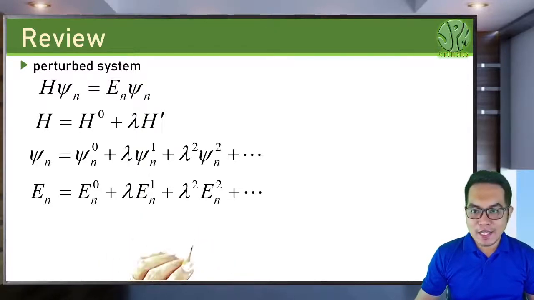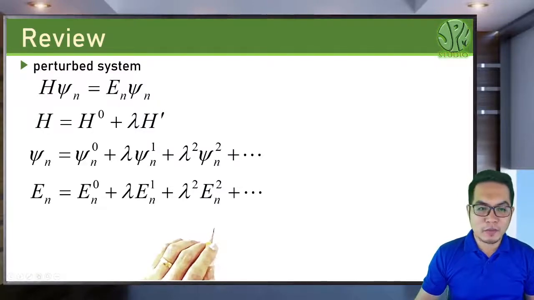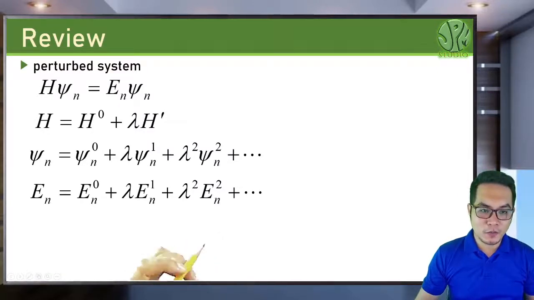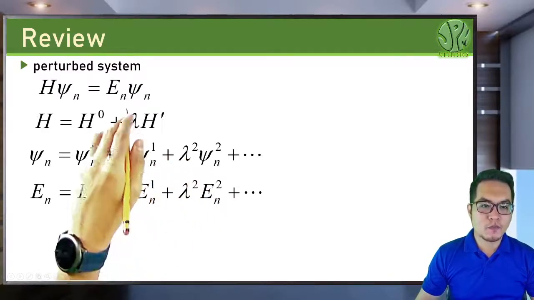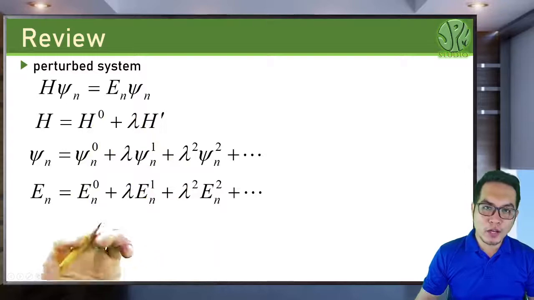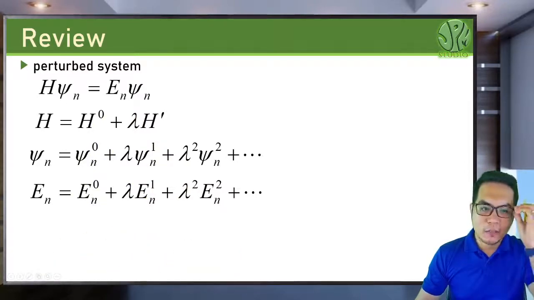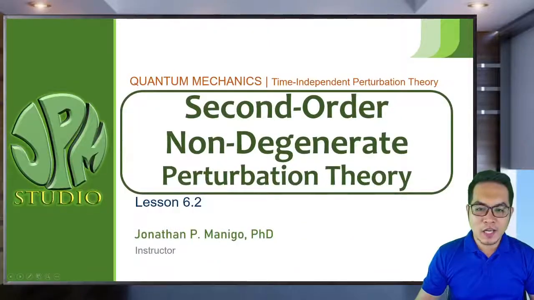Now in this lesson we will be talking about the second order theory, wherein, after we substitute these two into this eigenvalue equation, we collect all of the terms containing the power of lambda squared so that we can go to the second order non-degenerate perturbation theory, and we can then get the second order corrections in the energy of the system.